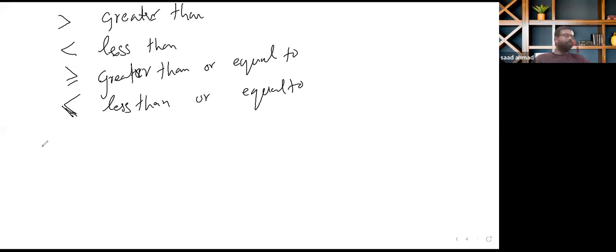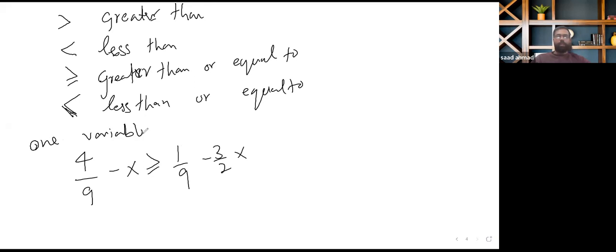If the expressions are connected with these, then they are inequalities. So we are looking for the inequalities that are in one variable. Let's say, for example, we have 4 over 9 minus x greater than or equal to 1 over 9 minus 3 half x. So now this is a one variable inequality.